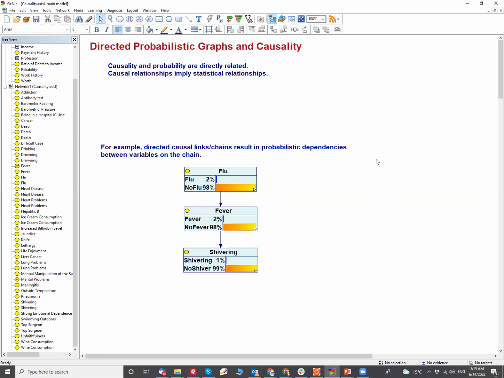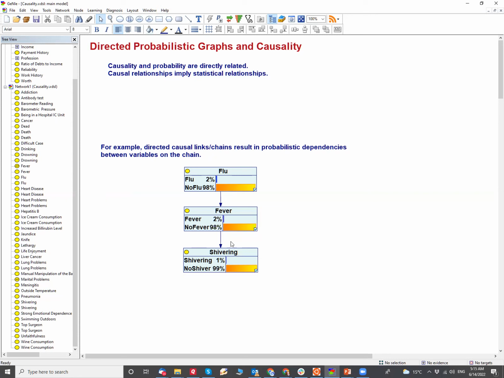These are all consequences of the Markov condition, 3 rules plus 1 meta rule. The first rule is that when you have a chain of influences, a directed chain of influences like this one, flu causes fever, fever causes shivering.